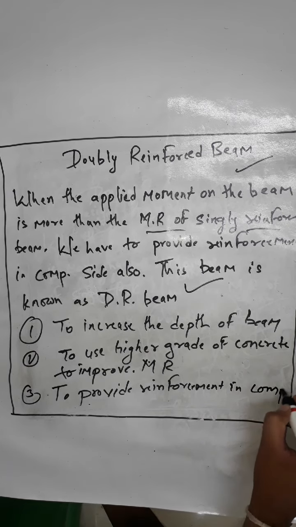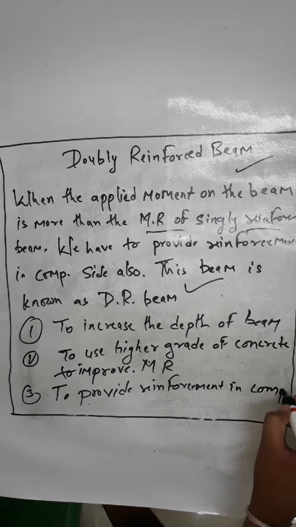Reversal of stresses means, for example in the case of an earthquake, when the earthquake hits the structure, the building resists the stress, so the building also provides stress in the direction opposite to the earthquake stress. So in that case we need a doubly reinforced section.